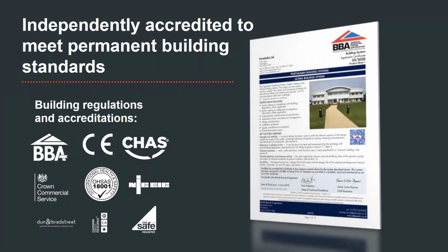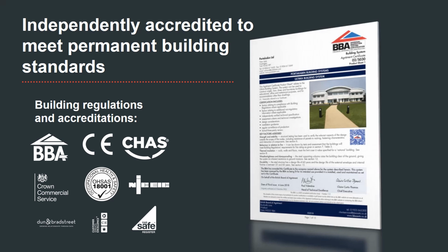When working with the right partner, a modular construction project can be designed and built to meet UK, EU and independent standards for permanent buildings, not just for temporary buildings.